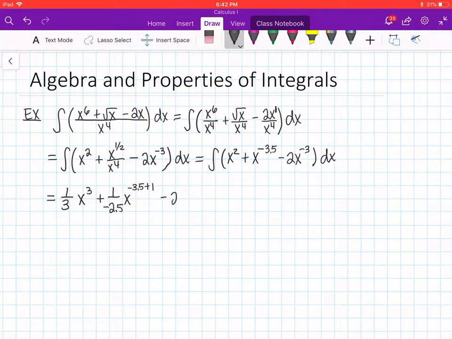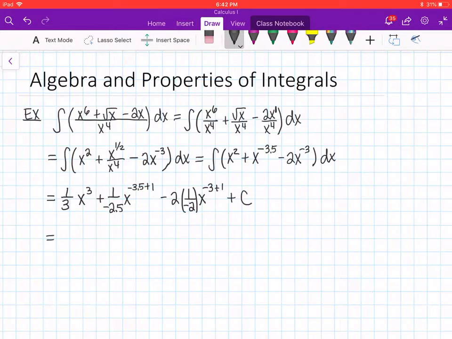And then we have minus 2, it's along for the ride. We got x to the negative 3 plus 1, and that is negative 2. So our new exponent is negative 2, and our coefficient is 1 over negative 2. And then we have plus c.